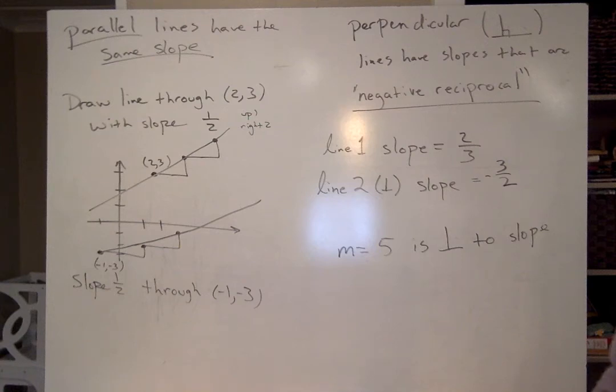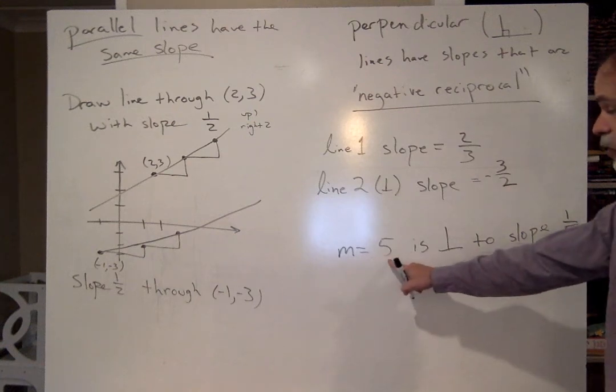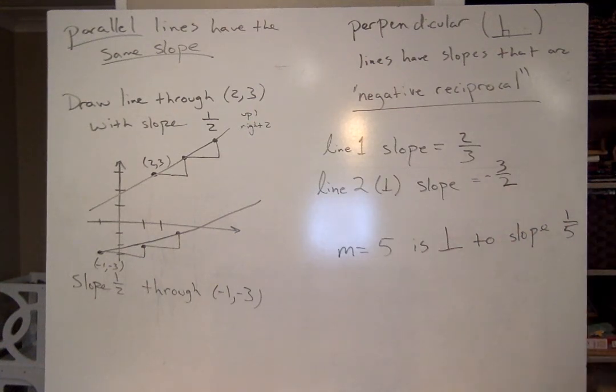Anybody? Yes, the reciprocal of 5 is 1/5, right? Because this is 5 over 1, so I made it 1 over 5. That's the reciprocal, and I make it negative. Good.